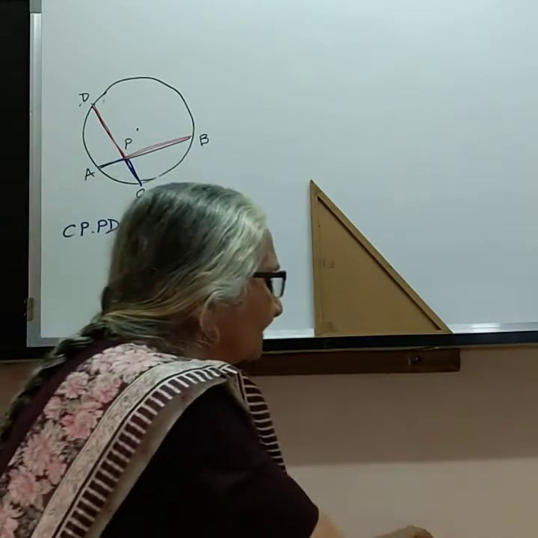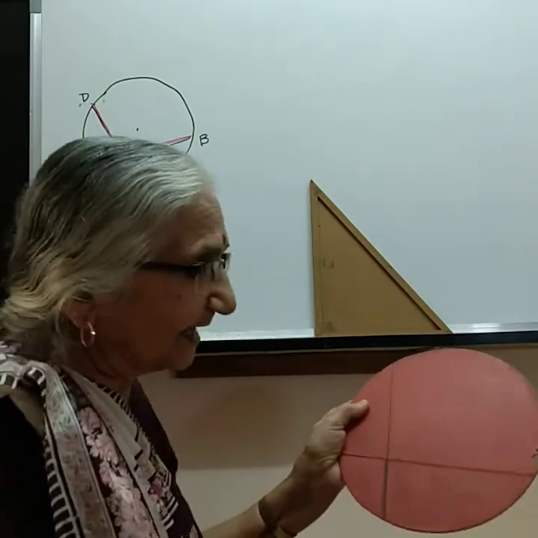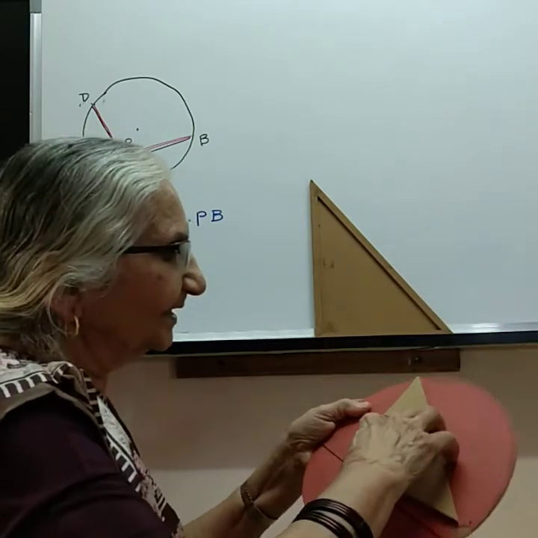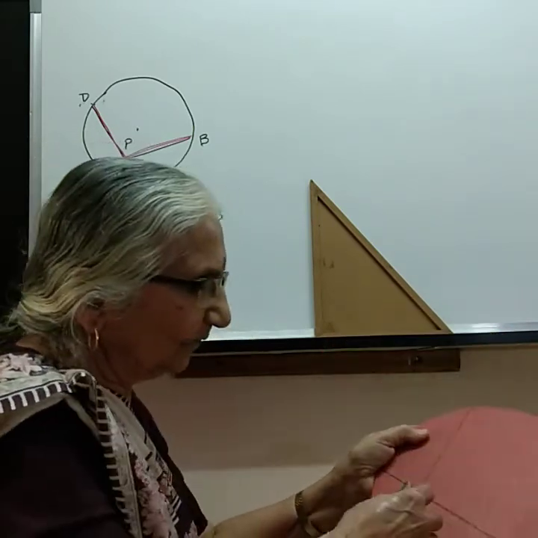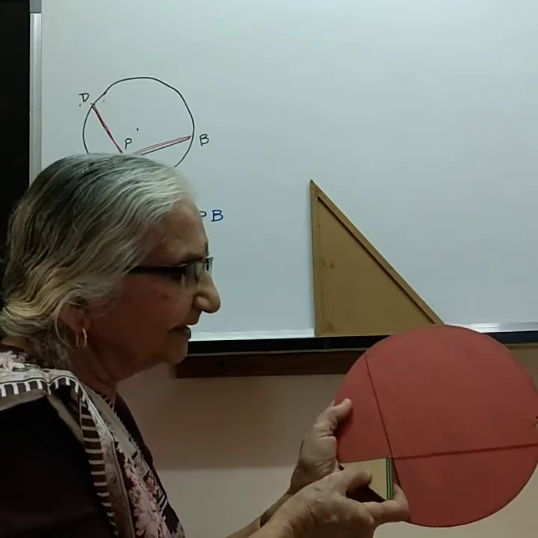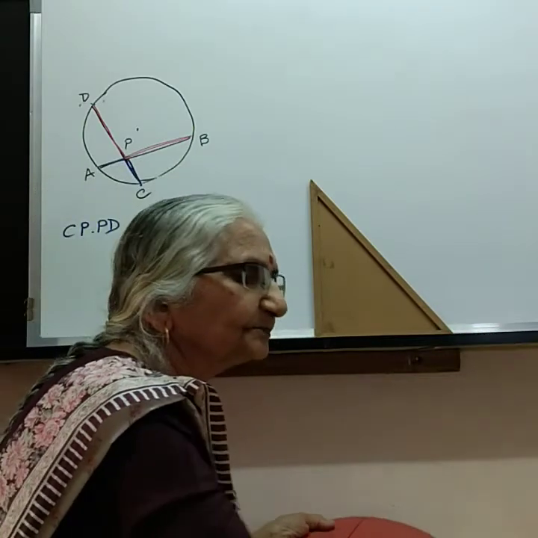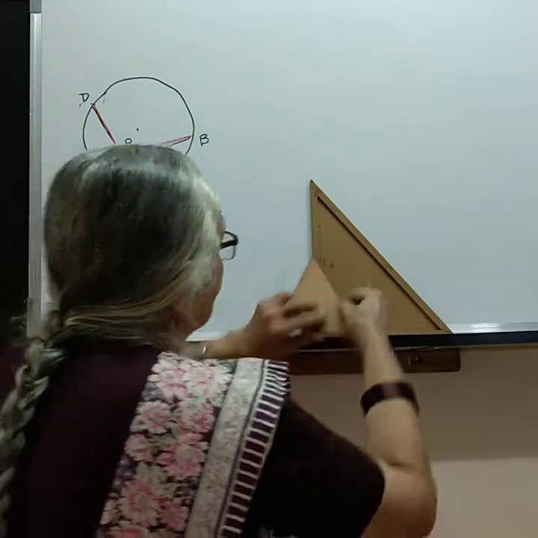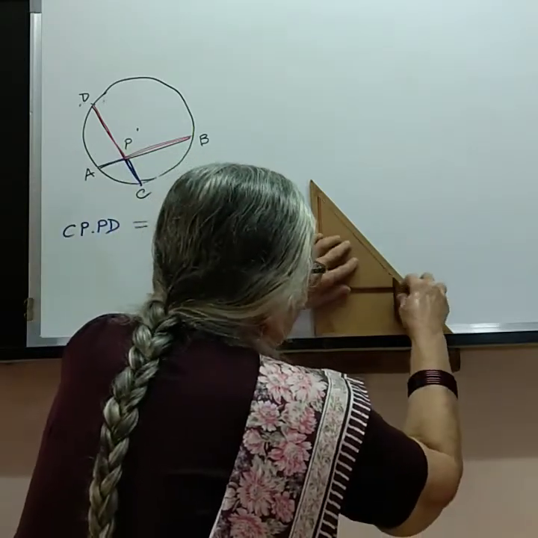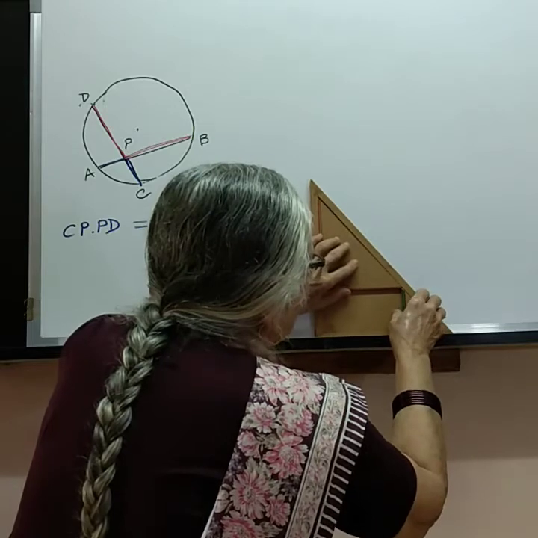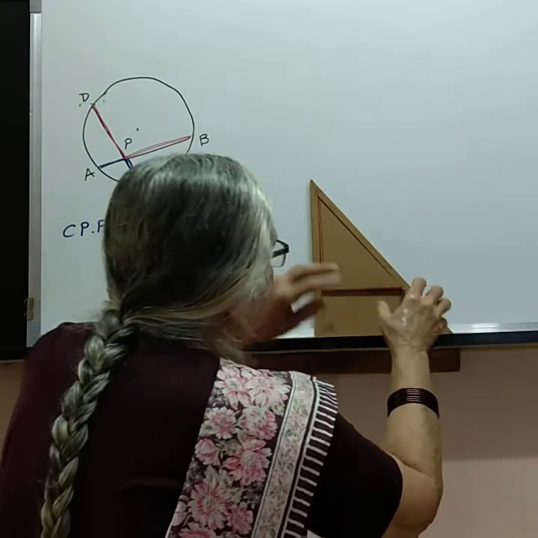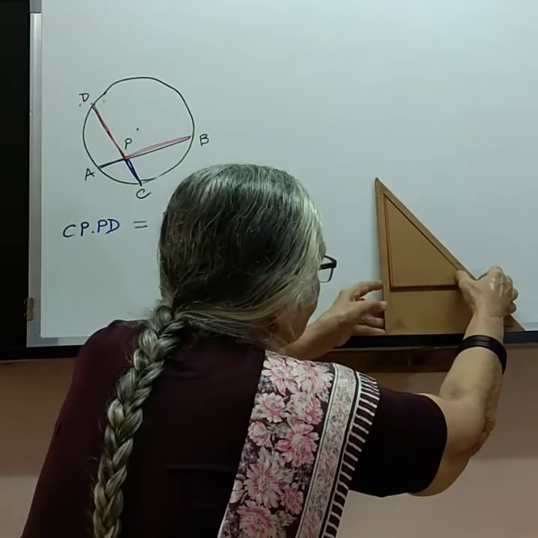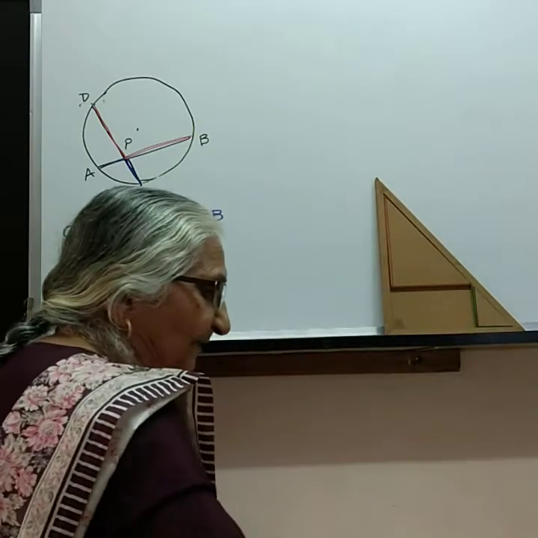Make these two right triangles, with one side on here and the other side over here, and similarly one side here and the other side here. And then we have to make the big triangle. So assuming that we have made the small triangles, we want to make the big triangle.